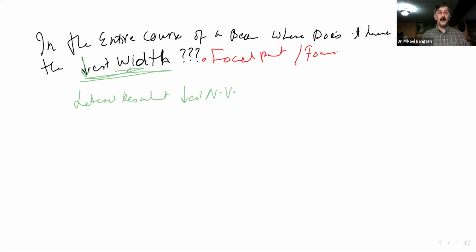If this was the point in the entire course of the beam where it had the narrowest width, then we can say that's also going to be the point where the lateral resolution is going to have the lowest numerical value.